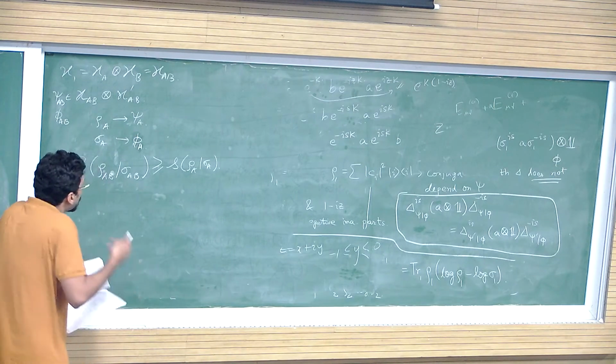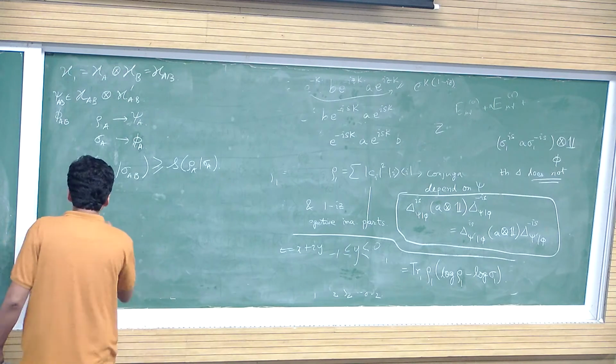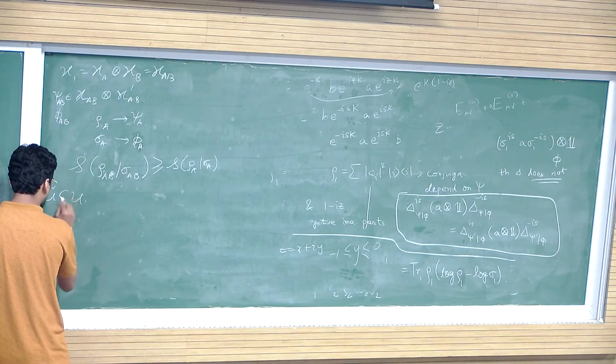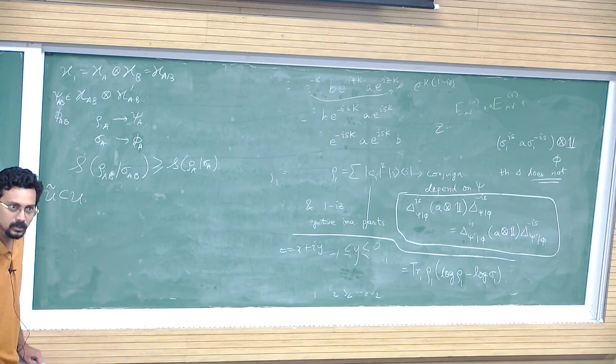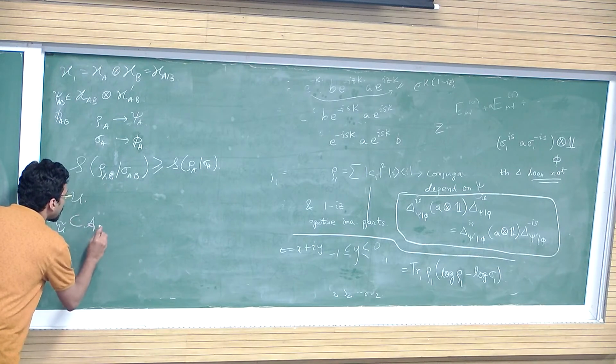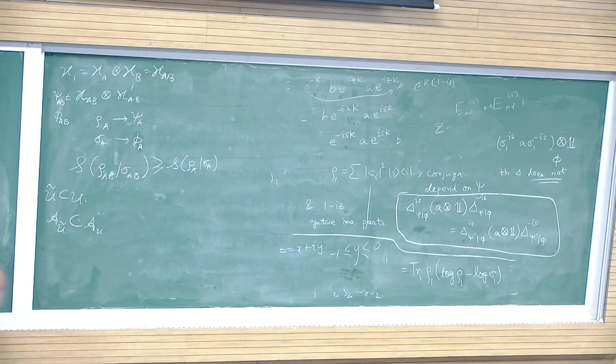Now the only problem here is that I am in a finite dimensional system. In QFT you had this nice thing: if U is an open set and U tilde is a subset, then A of U tilde was a subalgebra of A of U, right? In finite dimension, you have a problem. Suppose I have given you an infinite spin chain. You have chosen 5 qubits.